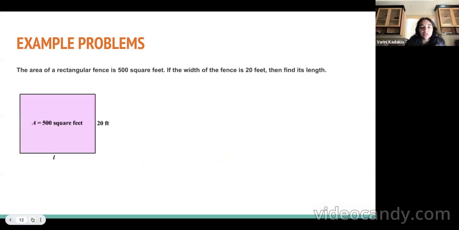Okay, let's try this one. So this one is with area, width, and perimeter.